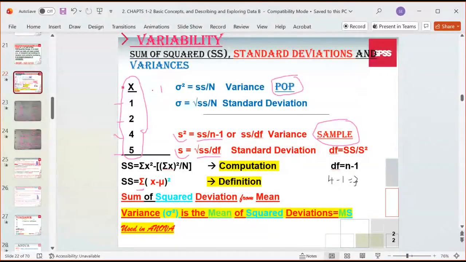So in test construction, let's say we have 10, 15, 20, hundreds, 2,000 items in our test, and you want to get rid of some of them. How do you know which one to discard? You discard the one with the lowest variance.